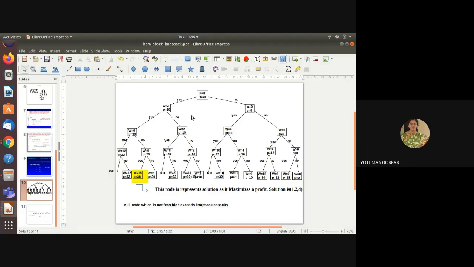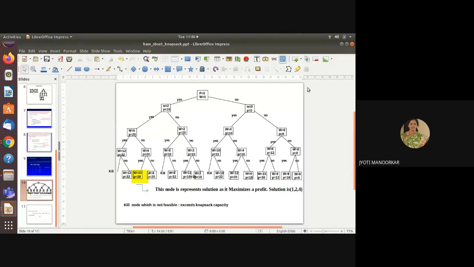Here you have to note that you are going to kill the nodes which are not feasible. Not feasible means that by including a particular element, if your current knapsack capacity is exceeded, then you simply kill the node. That is the meaning of killing a node.